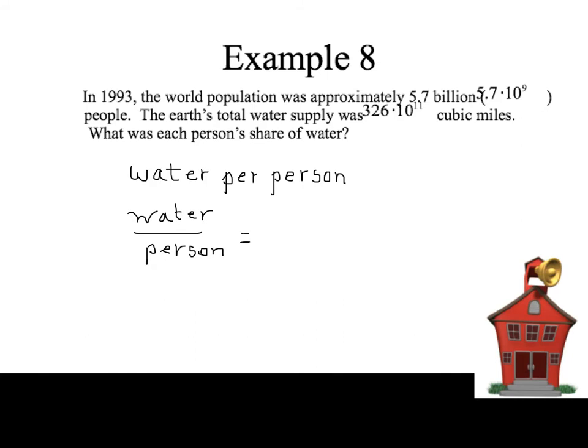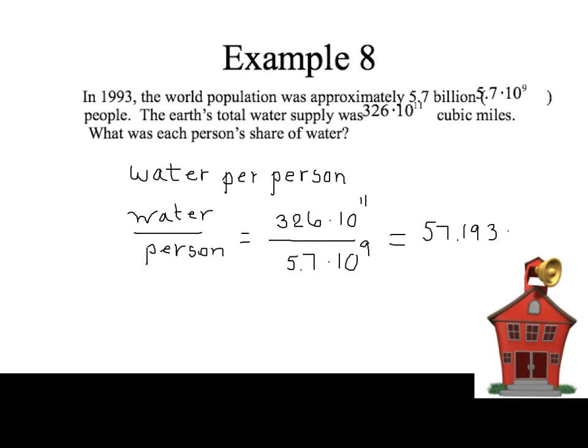So the amount of water was 326 times 10 to the 11th power. The number of people that have to share that amount of water was 5.7 times 10 to the 9th power. Now rather than just grab a calculator, I can apply my rules for exponents. I'm going to need to take the 326 and divide it by the 5.7, and I will need a calculator for that part, so I'll get 57.193.